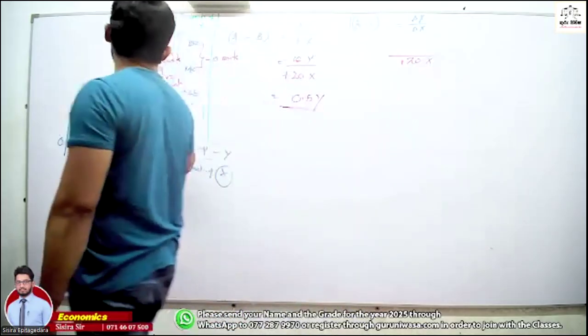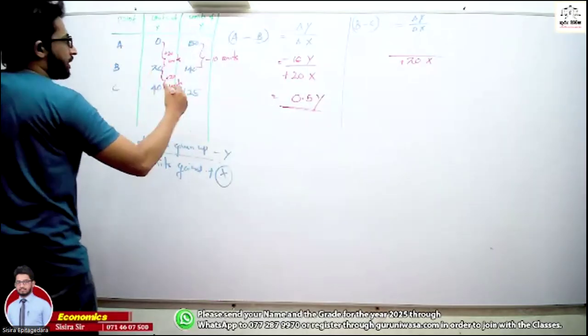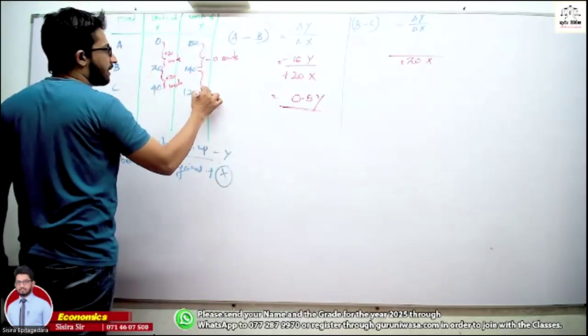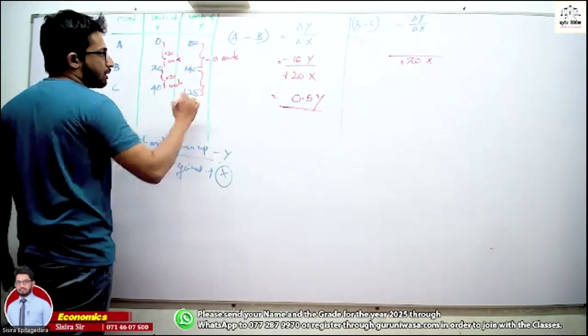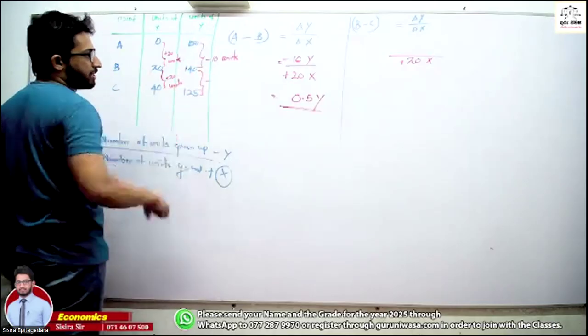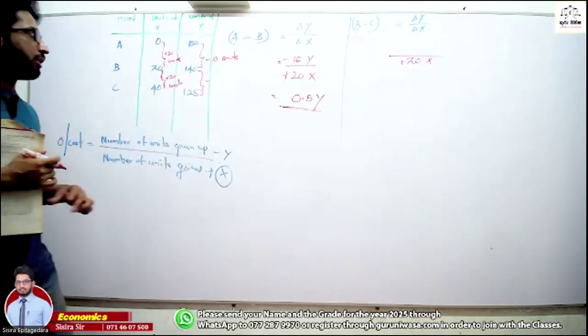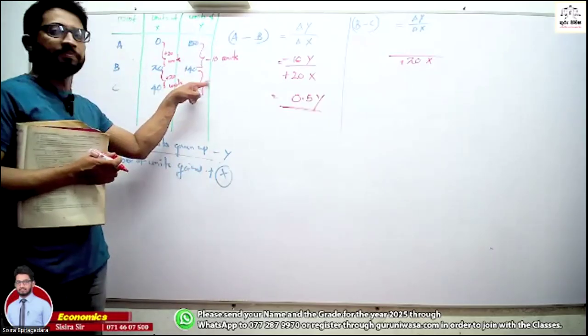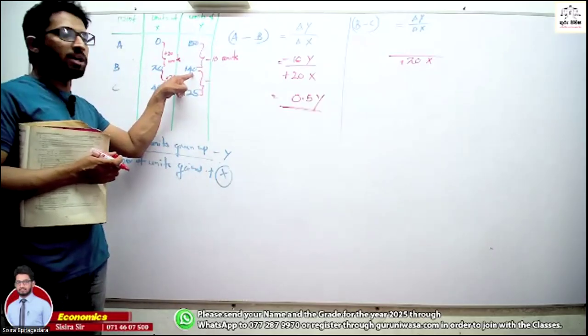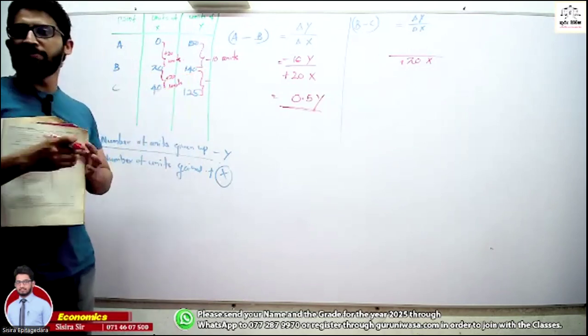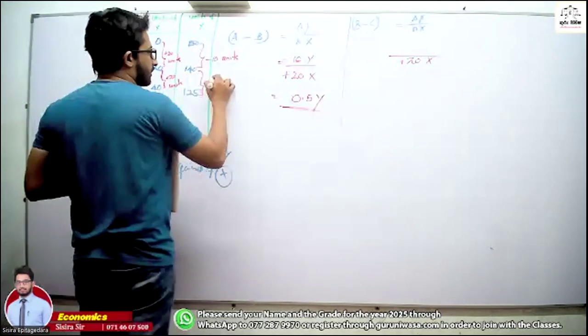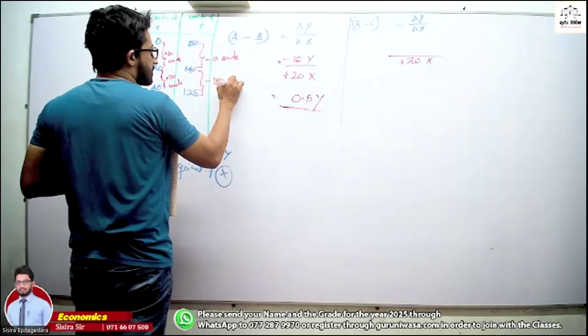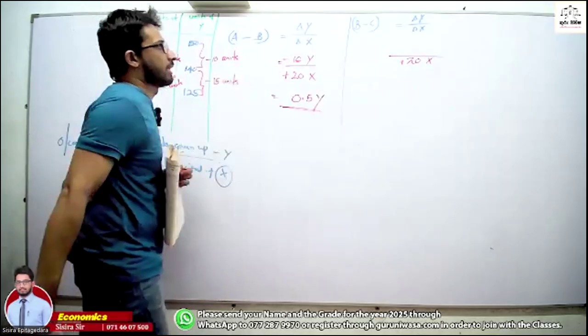To increase the production of X by 20 units, economy has to give up production of Y by how many units? By how many units does economy have to reduce the Y production? Difference between 140 and 125 is 15 units. Right?